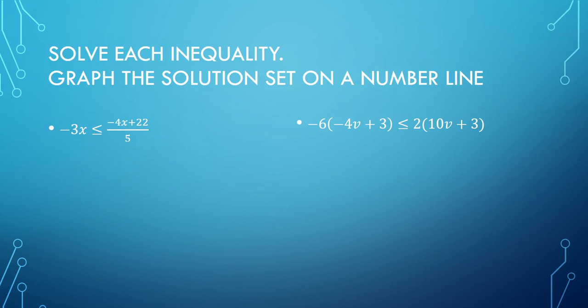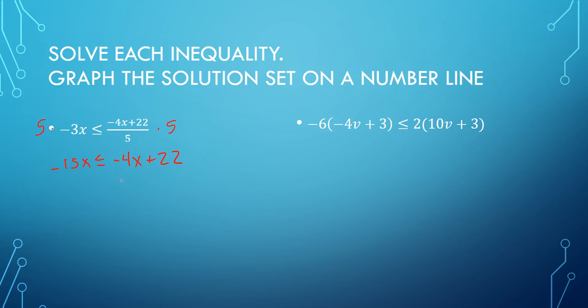Alright, solving these again are a little bit more complicated, but same idea. So on this left one we have a big fraction bar, so we're going to multiply by 5 to get rid of that on both sides. So you had -15x is less than or equal to -4x plus 22.